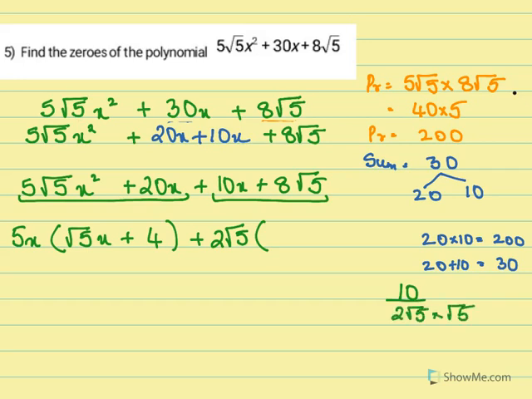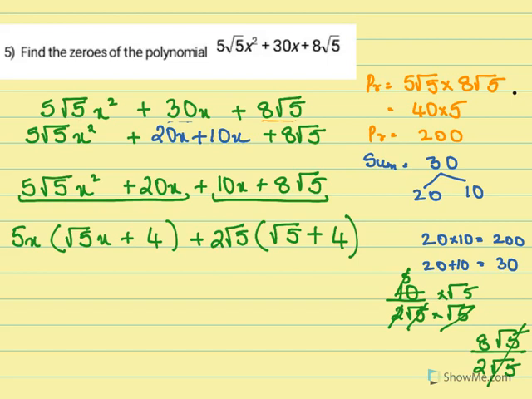So this is under root 5 into under root 5, so 2, this is 5, and this will cancel. So what remains is under root 5 here. Here also 8 under root 5, and I'll divide it by 2 under root 5. So you get 4. So what remains here is 4.